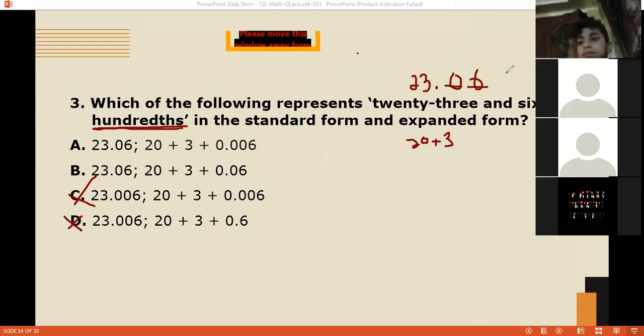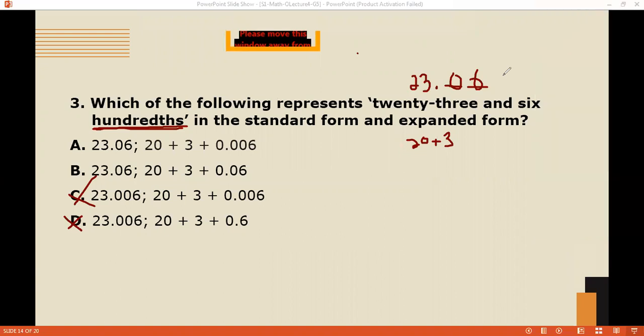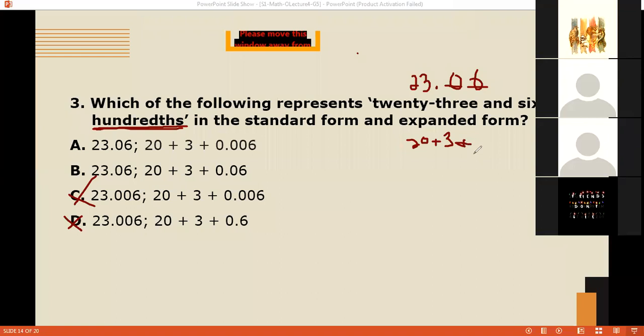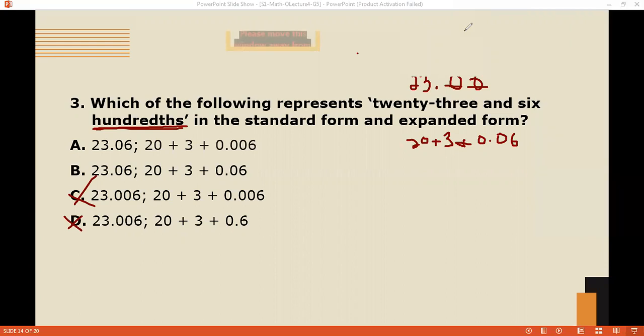Why 006? How many digits are there after the point? 0.06. So which one is the correct answer? Part A or B? It's B.